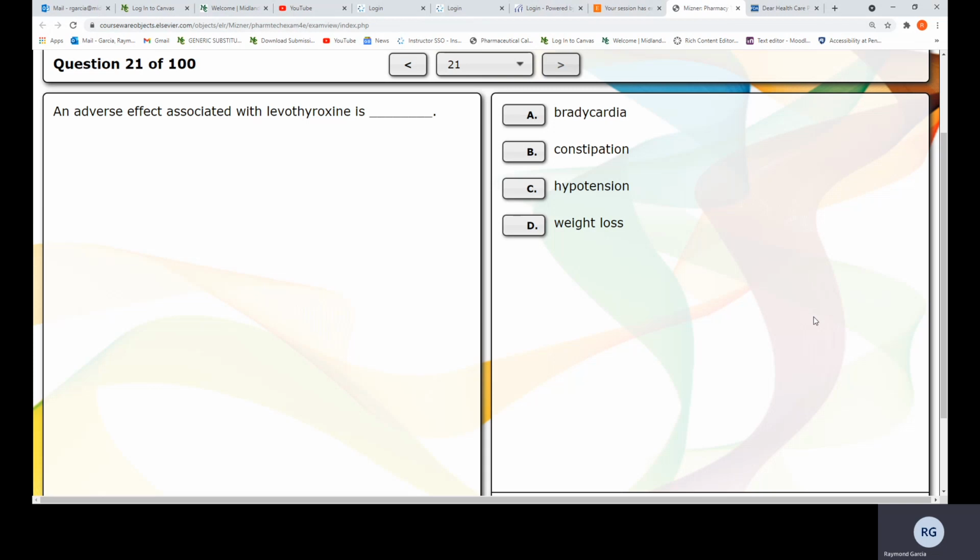We all know constipation is. Hypotension would be the opposite of hypertension, or weight loss. Hyper means to increase.